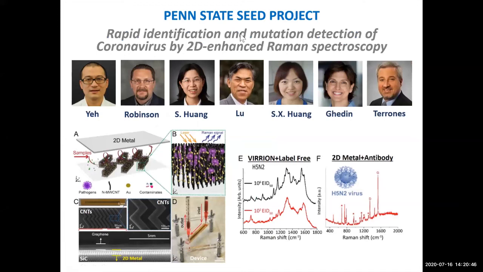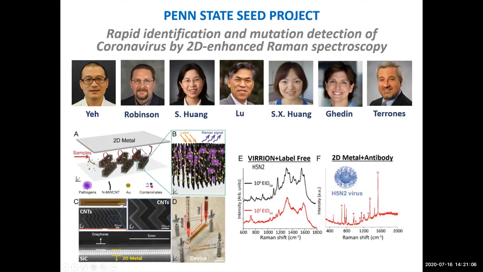So we also have a Penn State seed project on this. We're trying to improve the signal to noise ratio, and we're now using a 2D metal, which has very new properties. So you can have 2D metals with silver.